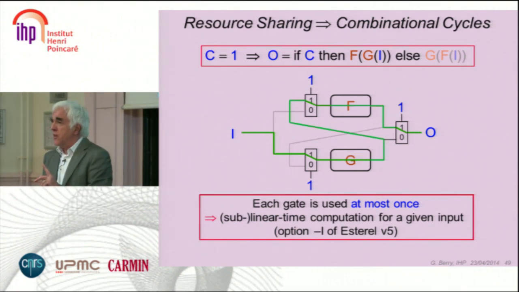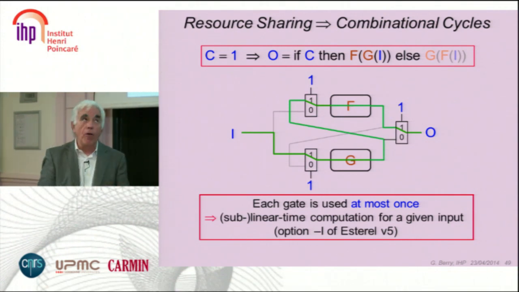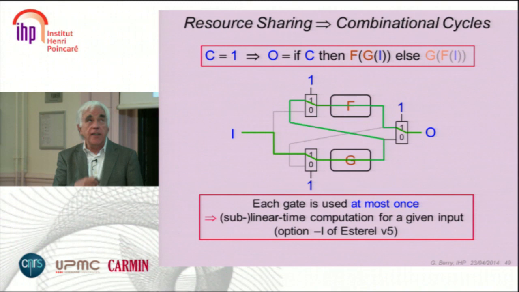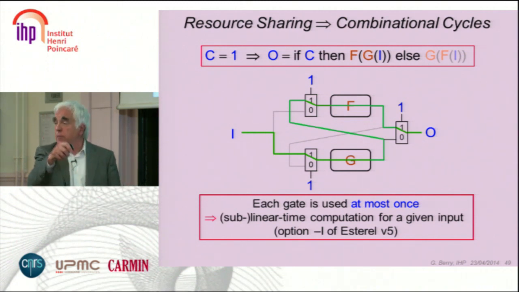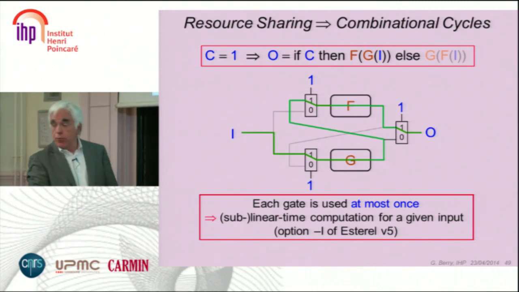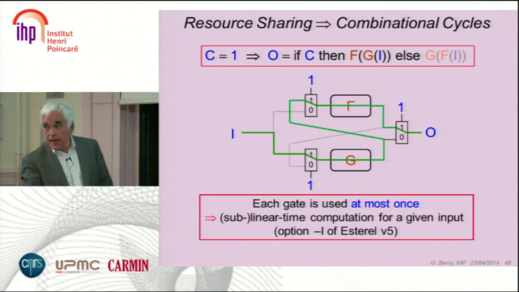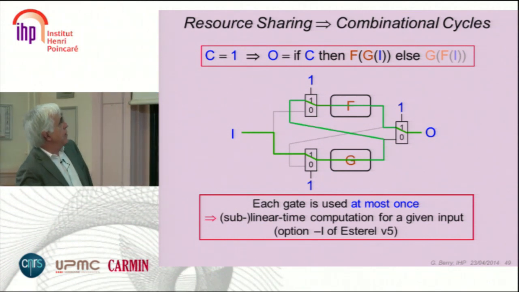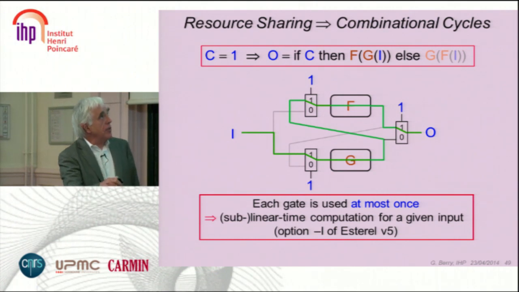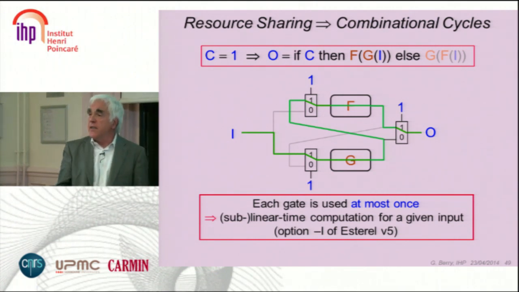Which means also that the circuit will be fast. It will be exactly as fast as a normal circuit. In asynchronous circuit techniques, you can use several times the same gate in the same reaction. That's another game. Much more difficult that everybody has abandoned, basically. Because it's too difficult. Good, that's nice. So that means also that simulating execution in a cyclic circuit is sublinear.